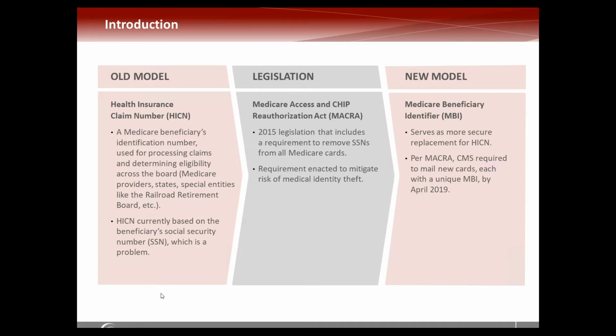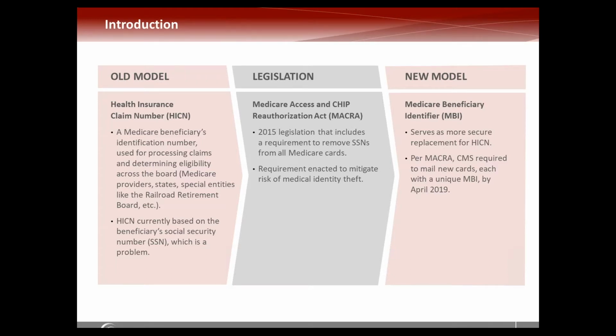So introduction. Currently, Medicare beneficiaries are identified according to their health insurance claim number. Again, it's a Medicare beneficiary's identification number, and it's used for processing claims, determining eligibility across the board.